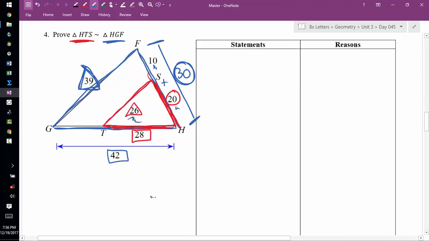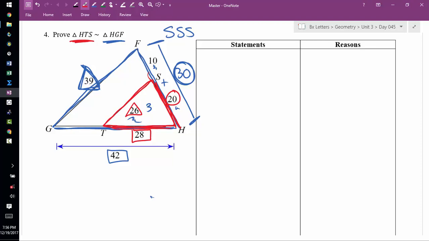So I've got 3 sides in this red triangle and then 3 corresponding sides in the big blue triangle. So I can see this is already a side postulate. And I'm just going to get started now that I see how to do this.